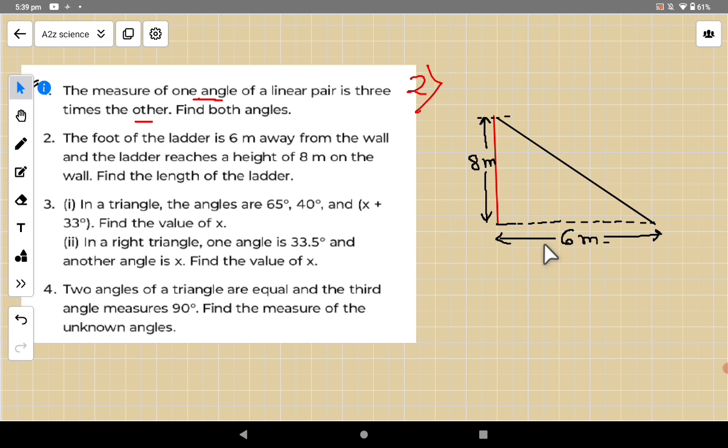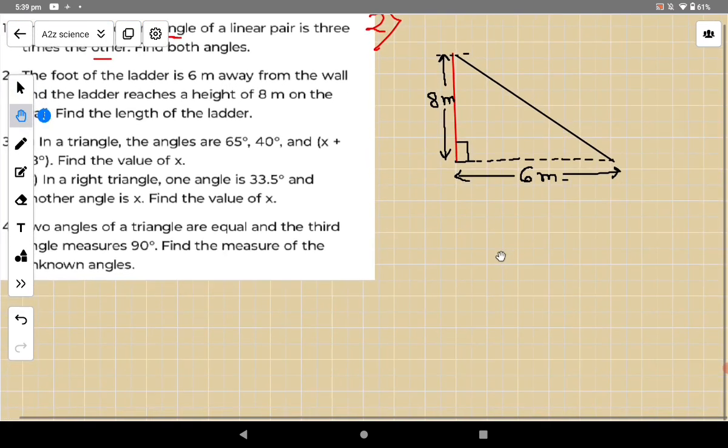See, this is a right angle triangle, right? So what do we have to find? We have to find the length of the ladder. As I told, in case of a right angle triangle, we have to know one formula, that is the Pythagoras theorem.